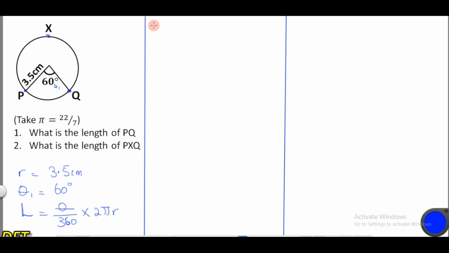So the length of PQ, which is the minor arc, will be equal to theta, which is 60 degrees. That will be 60 over 360 times 2 times pi, which is 22 over 7, times the radius, which is 3.5 centimeters.